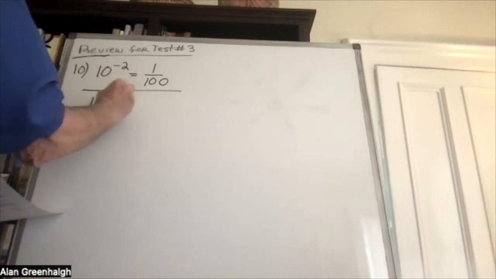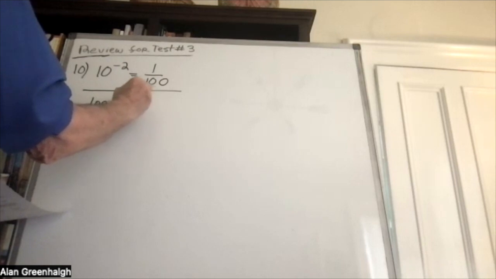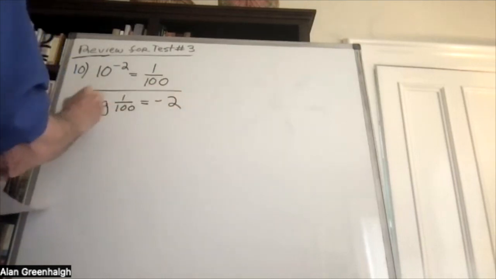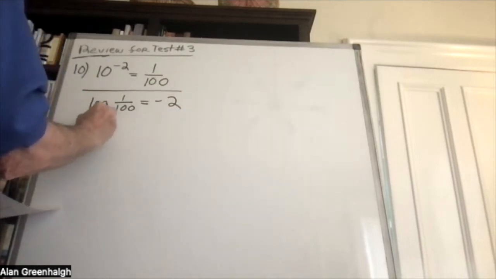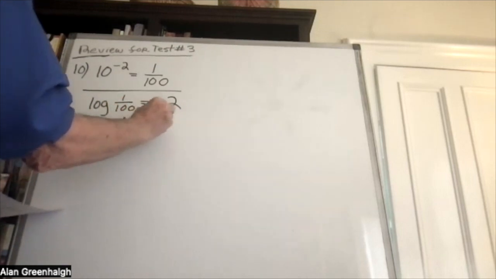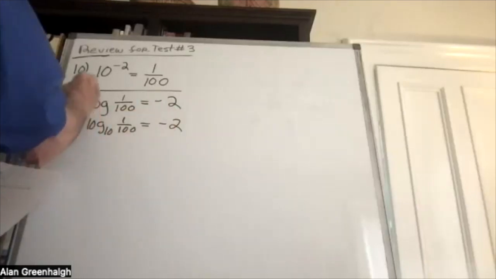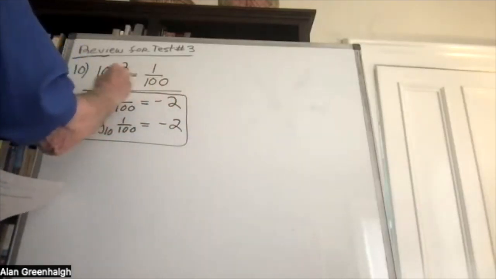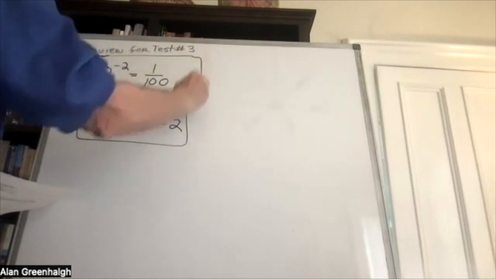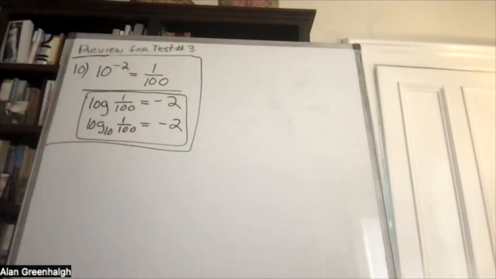So it's the log of 1 over 100 is equal to -2. If you did log base 10 of 1 over 100 equals -2, that's okay. I'll take either one of these. But in the future, if you take higher mathematics, you leave that out and you go with the log.